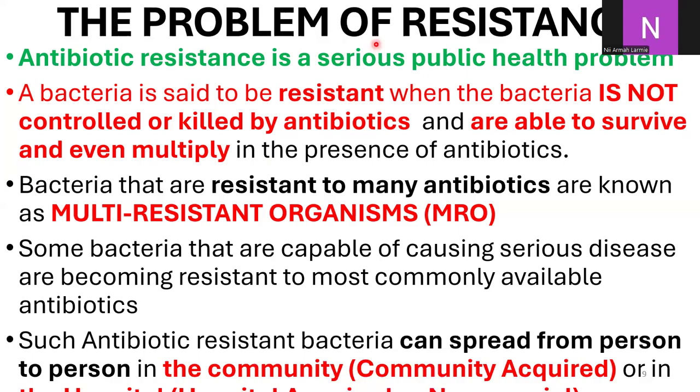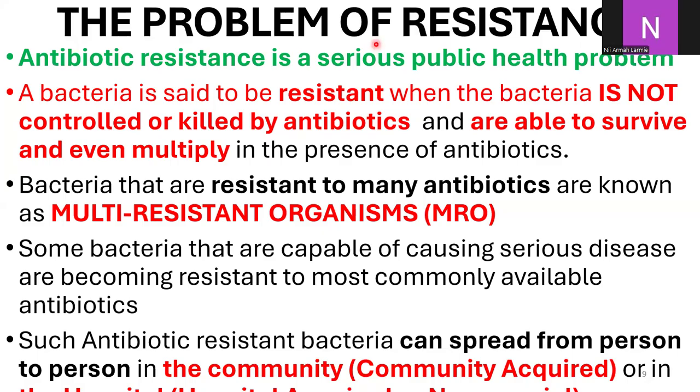In other words, person A can have the resistant strain and it can be passed on to person B, either in the community or in the hospital setting. It could be a community-acquired infection or a hospital-acquired infection.